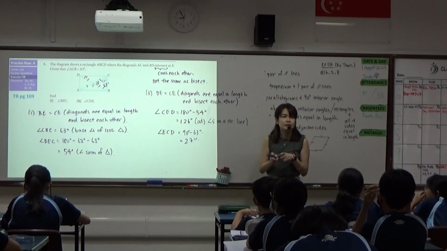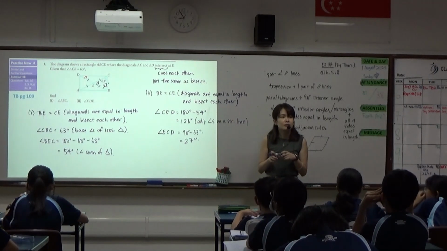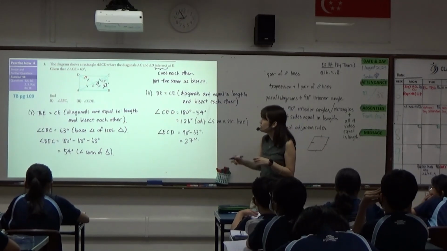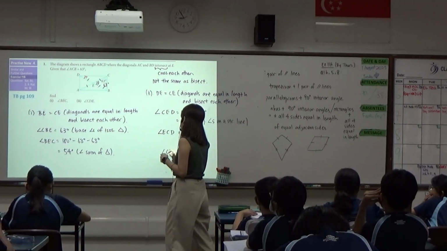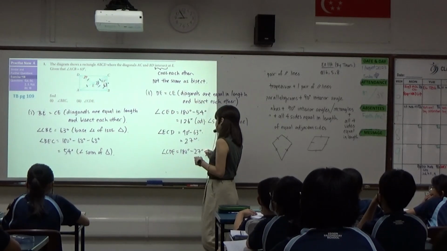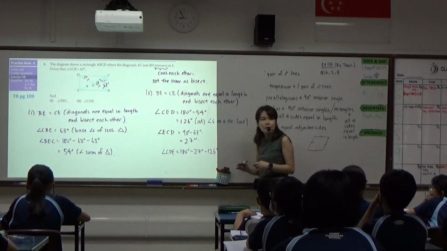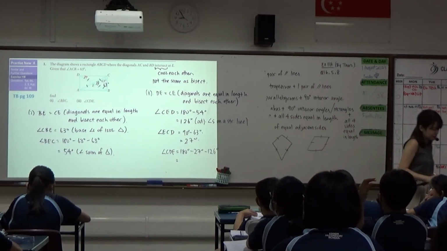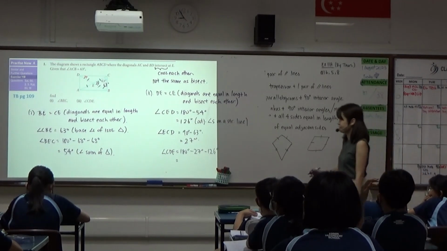Then angle ADB equals 180 minus 126 minus 27. We do get a final answer which is 27 degrees.